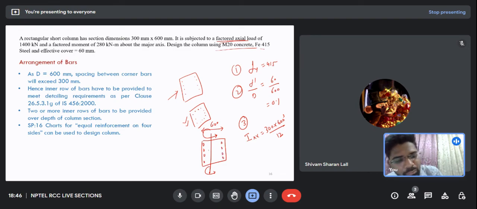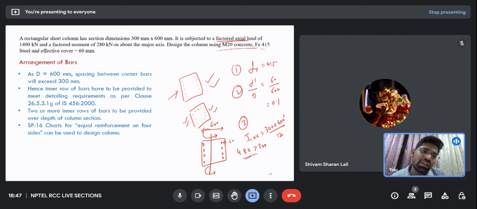Now if I provide bars only along the outer rows, what will happen? Since this is only 60, 600 minus 120 is 480, which is greater than 300. So the maximum spacing criterion we are not able to follow with this type of arrangement. So we will have to go for this arrangement.